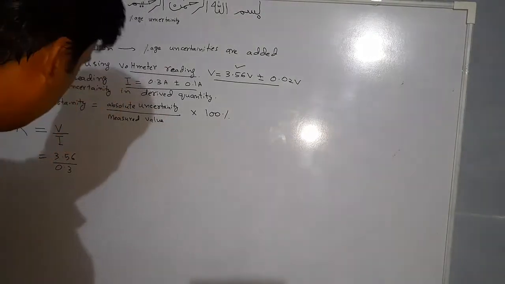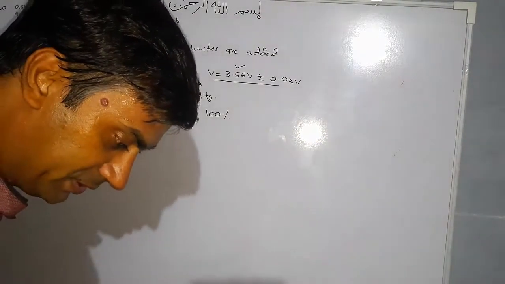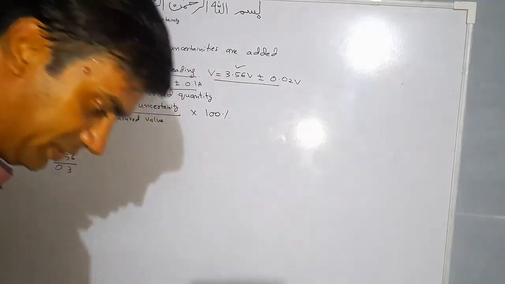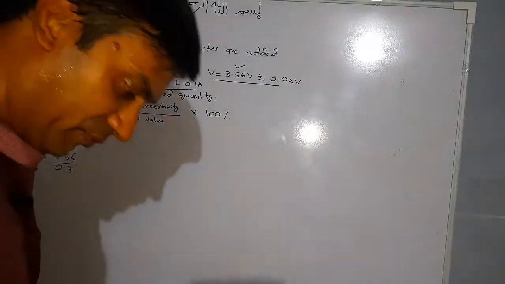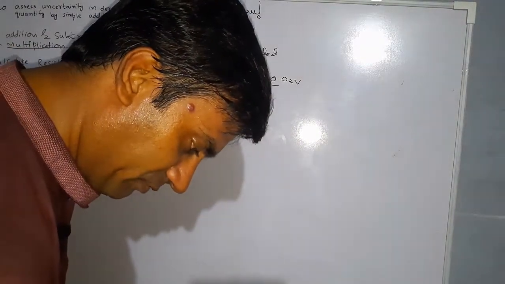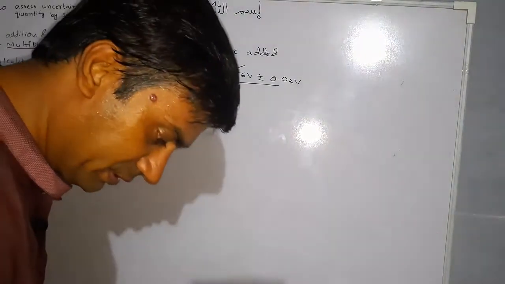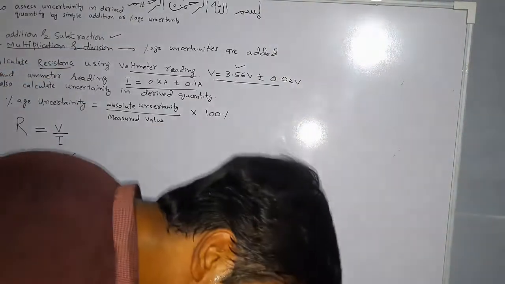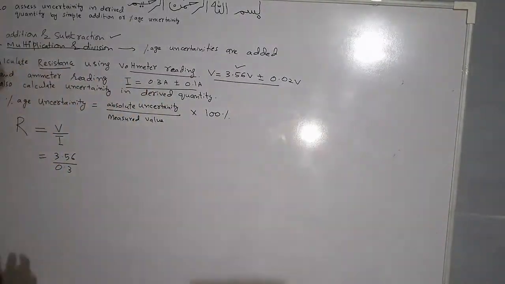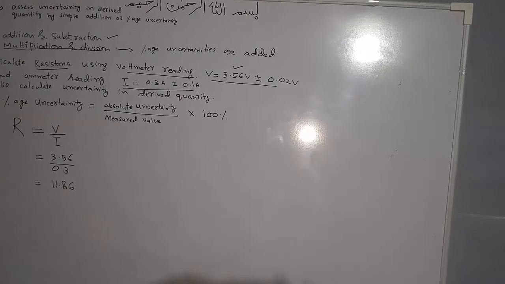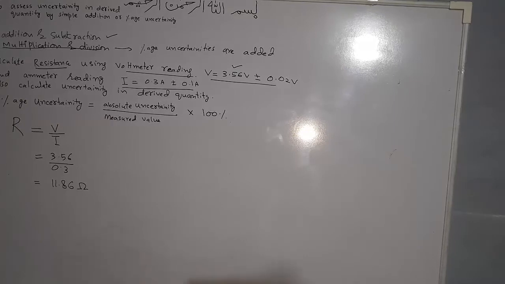Now dividing 3.56 by 0.3 on the calculator, we get 11.86 ohms resistance.